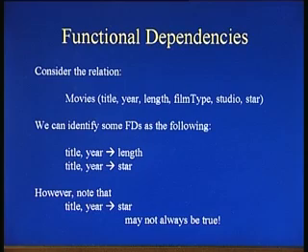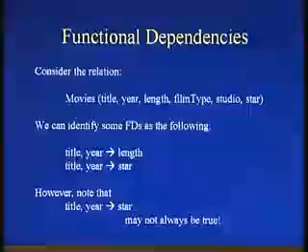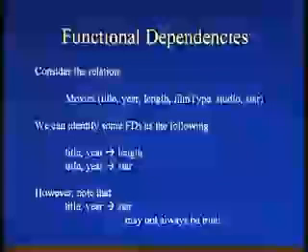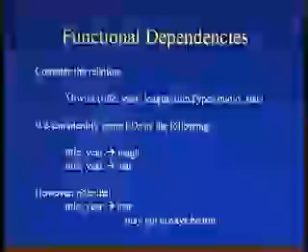For example, if title and year of a movie determines the length of the movie, then I can add an attribute called studio to both sides of the functional dependency without altering the semantics. That is, I can say title, year and studio of a movie uniquely determines the studio and the length of the movie.